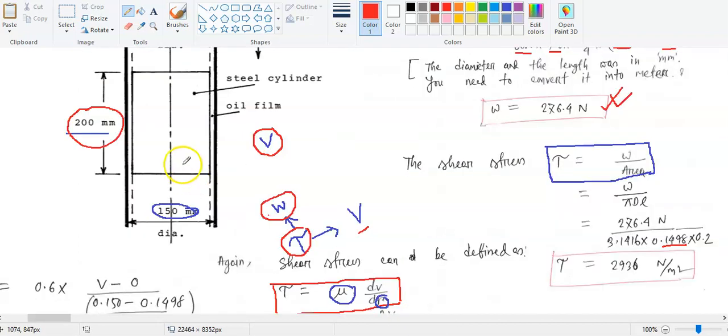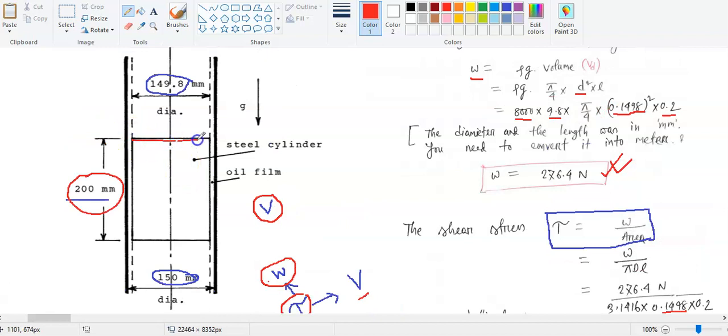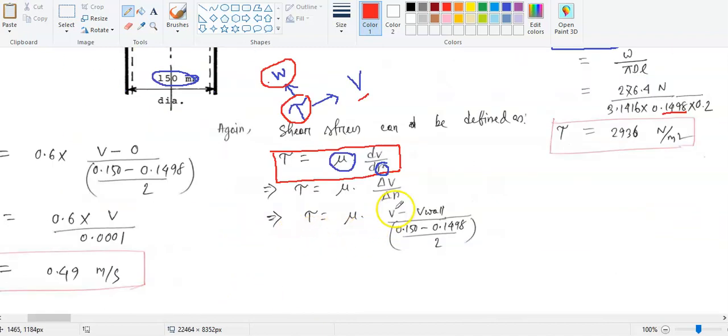In this case, this is the moving cylinder, so it has velocity. On the other side, this frame is not moving, it is constant. So this is the velocity of the cylinder minus the velocity of the wall. The wall velocity will be 0.